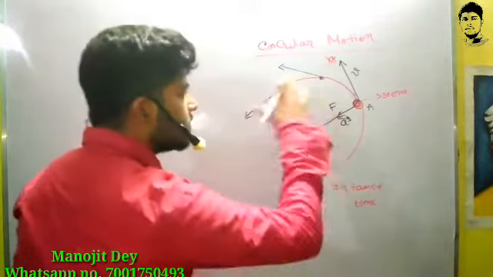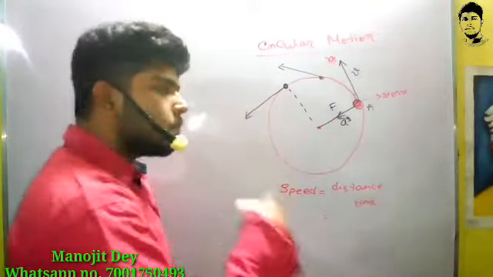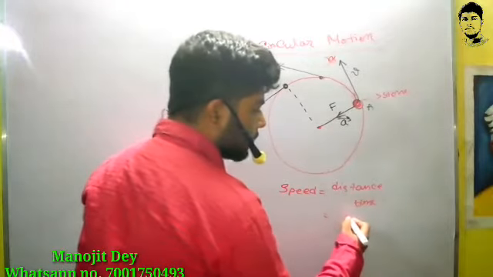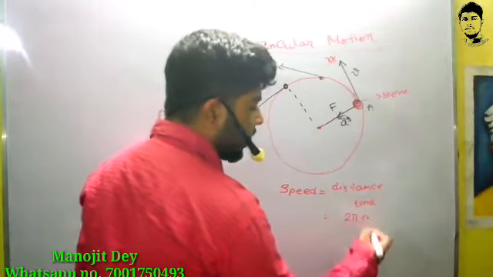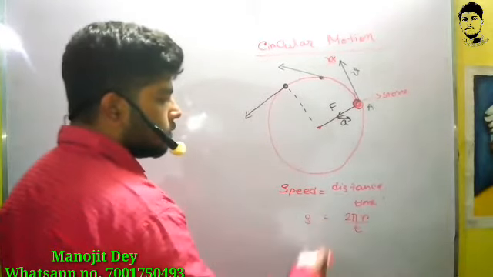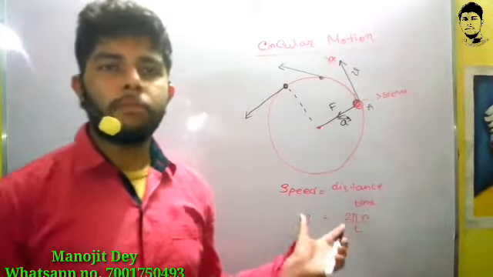Here the distance is the circumference of that circle. What is the circumference of the circle? If the radius is r, we can write that the circumference will be 2 pi r, and if the time is t, the speed will be s equals 2 pi r by t. By this way we can calculate the speed of that motion.